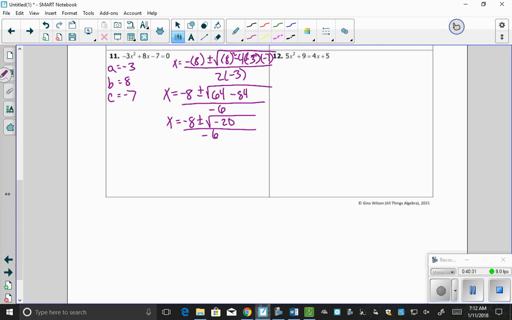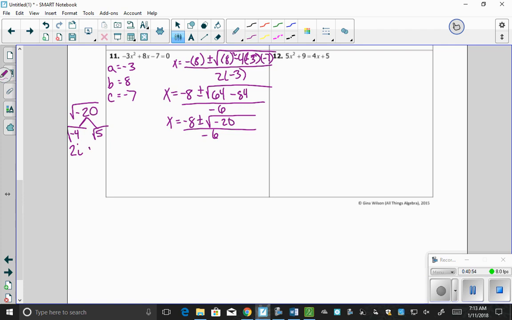When you are simplifying the square root of negative 20, 20 can be broken down to negative 4 times 5. When you square root negative 4 and 5, negative 4 becomes 2i. You cannot forget the i.